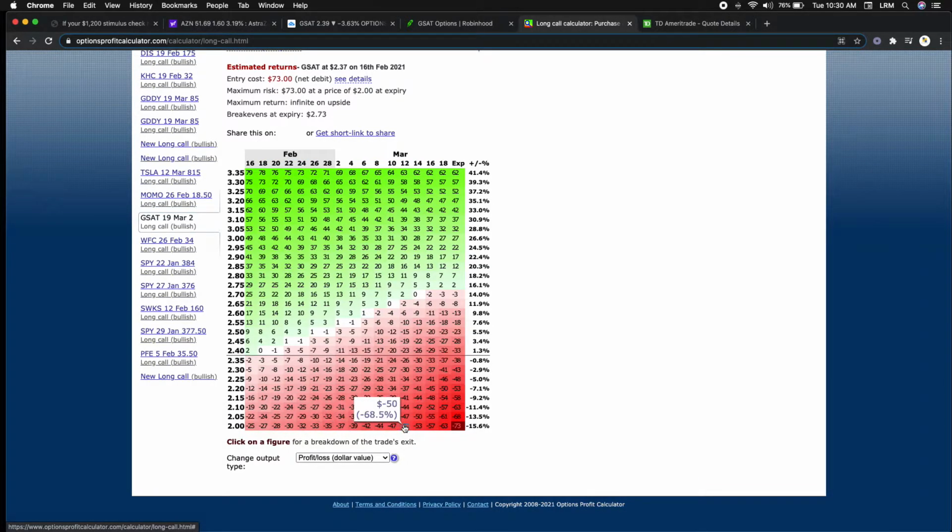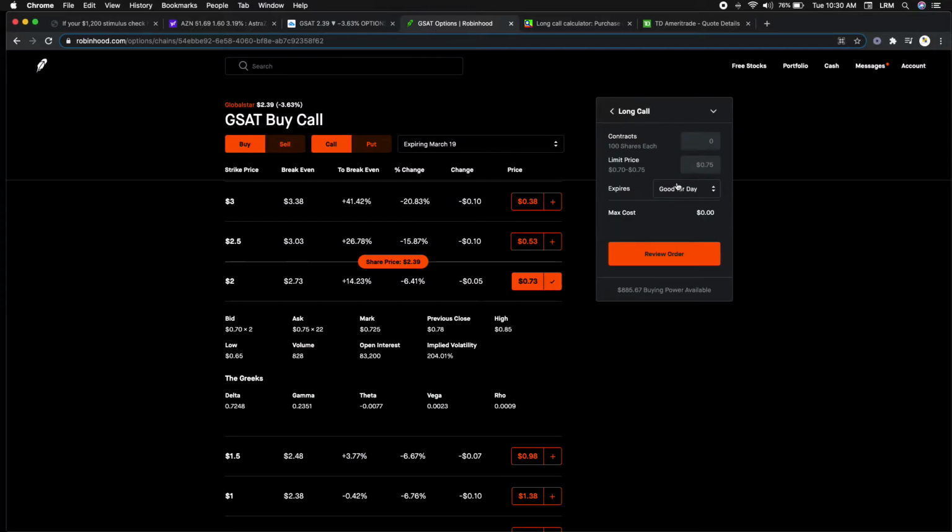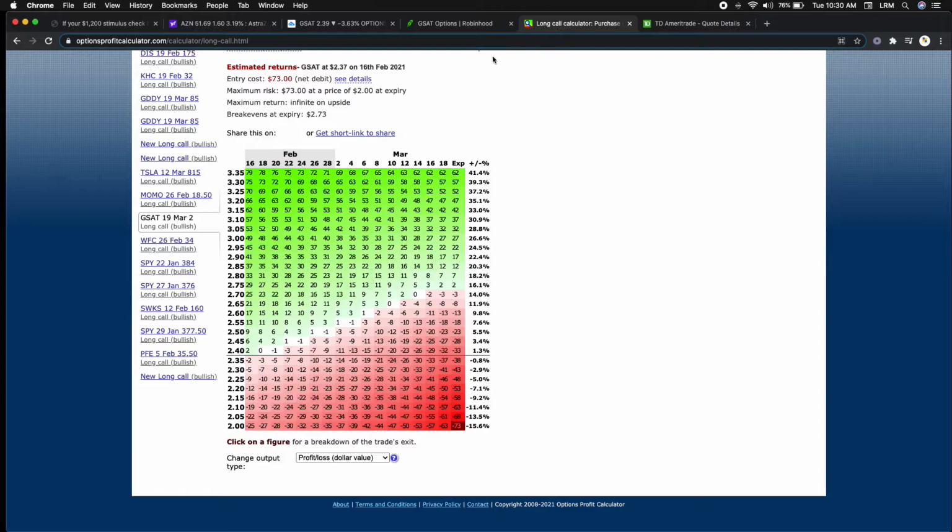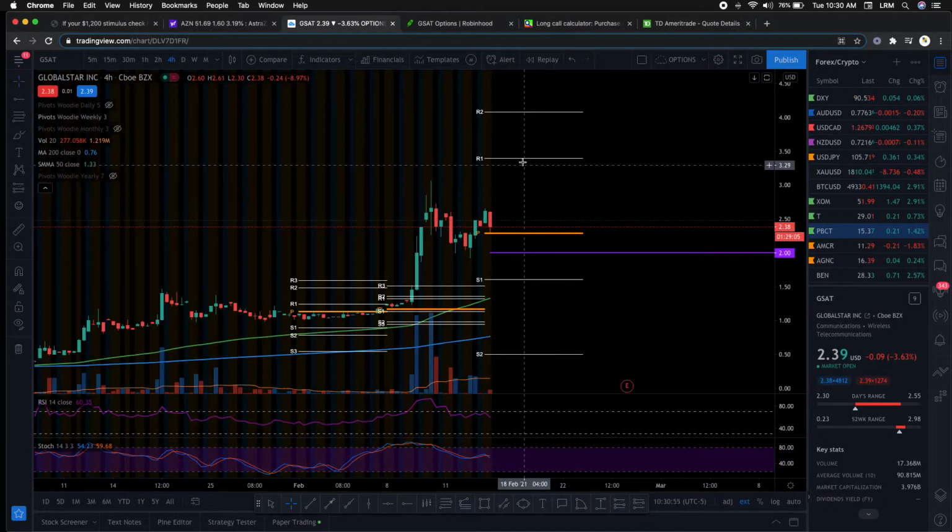So this might be your maximum risk level down here. This could be your potential possible gain up here. So for a $75 investment, you could potentially double your money if price reaches your target at $3.40. Okay, so this is how you would put all the stuff into the equation.